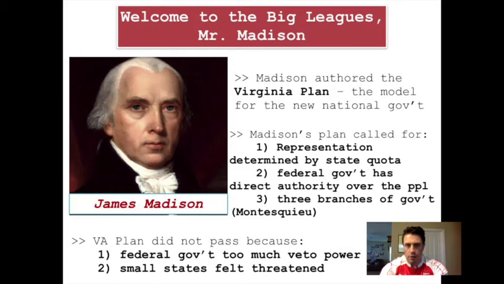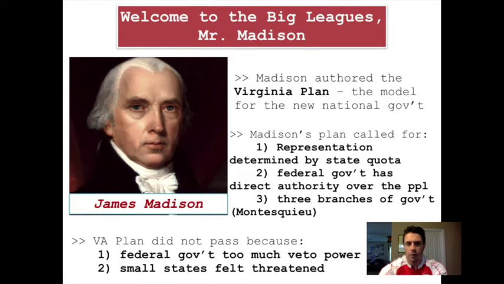This upset and irked a large constituency of the state representatives who were in fact in favor of a less proportional system. And Madison would have to fight tooth and nail to get some of these measures of the Virginia Plan passed, which ultimately he did not.